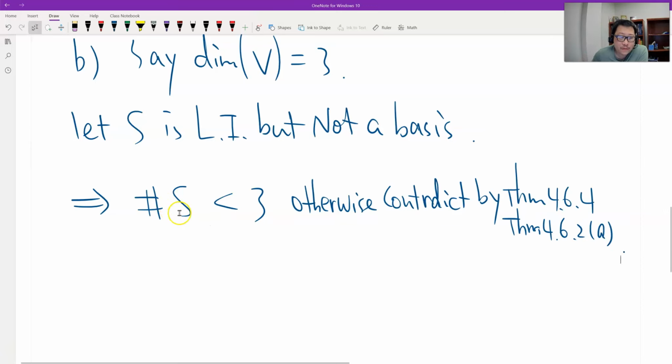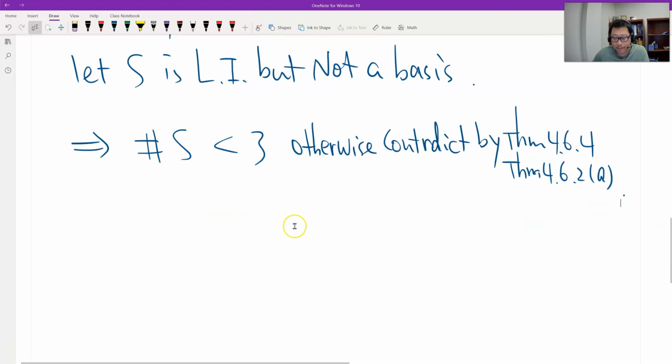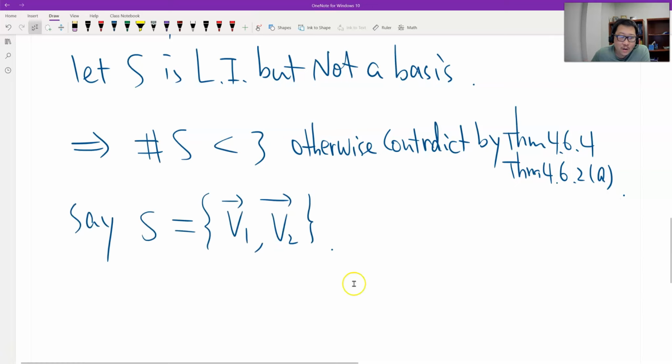Because the number of vectors in S is less than 3, let's simply say we have 2 vectors inside. You can also say we have 1 vector, it's the same proof. And now we can grow S so that we can find a basis.